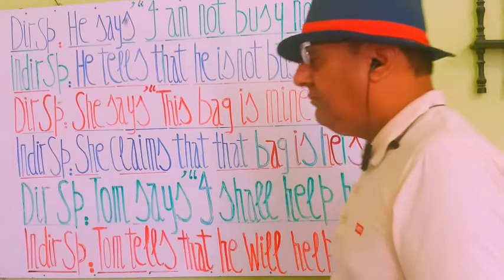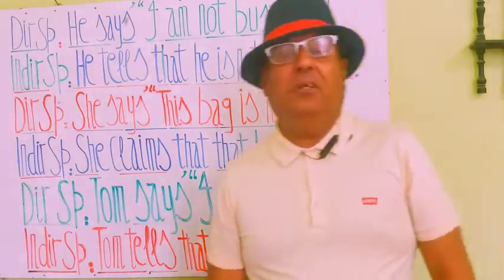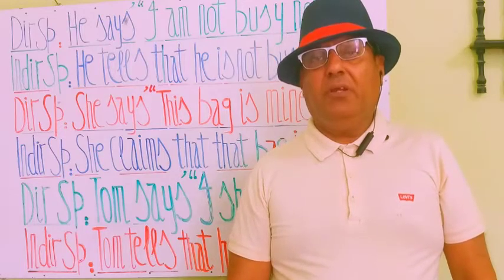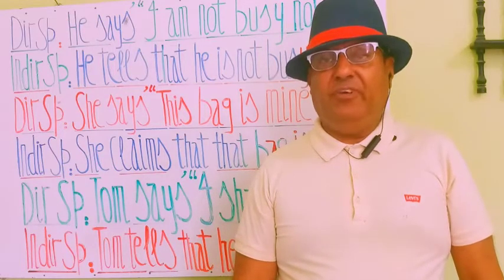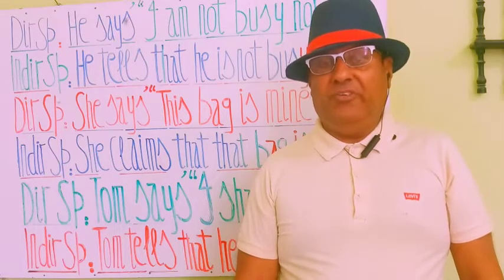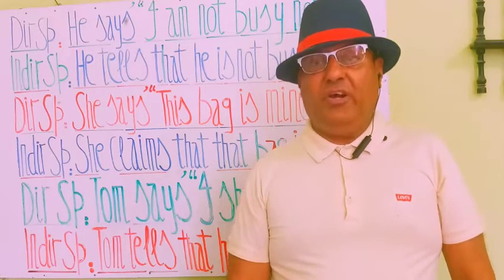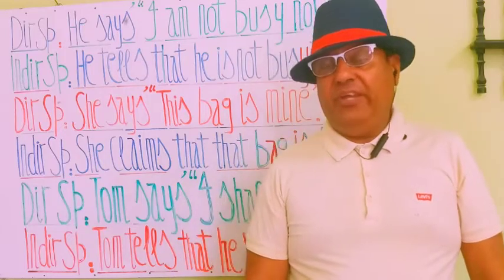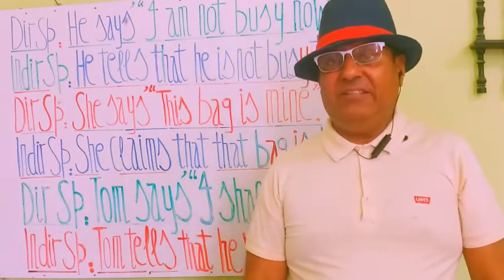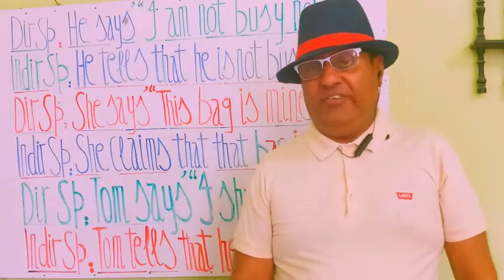Full stop. Hey students, you saw the first statement in direct speech. He says, comma inverted comma start. I am not busy now. अब मैं मसरूफ नहीं हूँ. Comma close. Full stop. This is a direct statement, direct speech. It's in two parts.